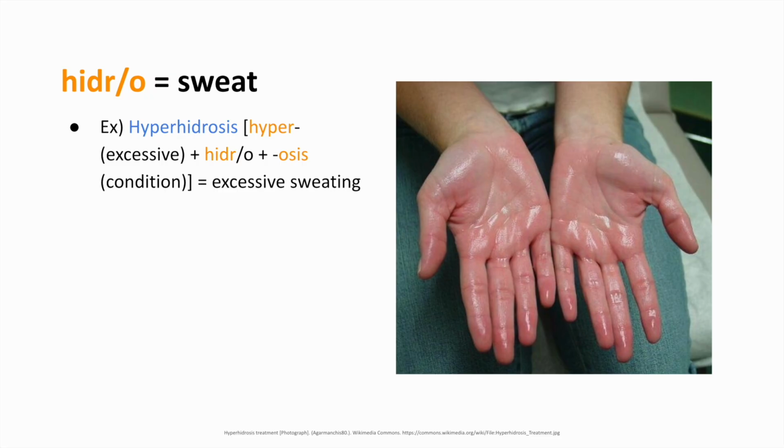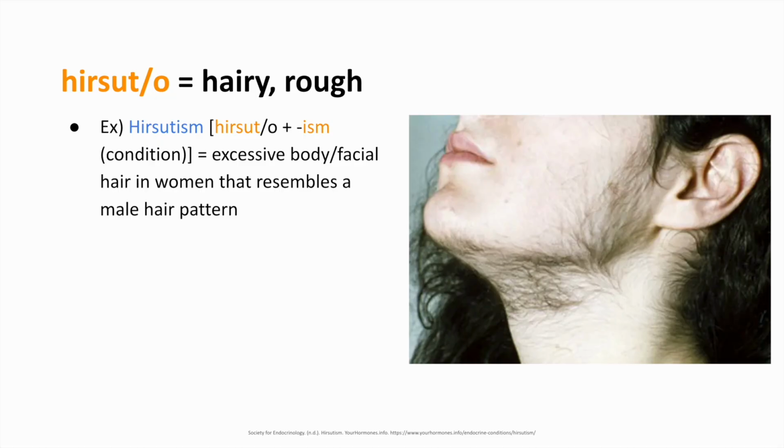Hirsuto is a combining form that means hairy or rough. It usually means more of hairy. So hirsutism is hirsuto plus the suffix ism, a general condition. Hirsutism is excessive body or facial hair in women that resembles a male hair pattern. It's usually due to hormonal changes.